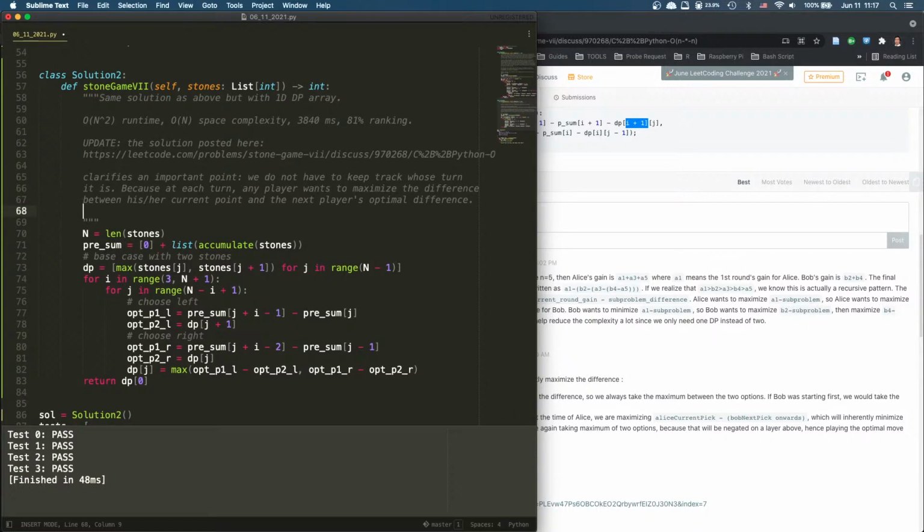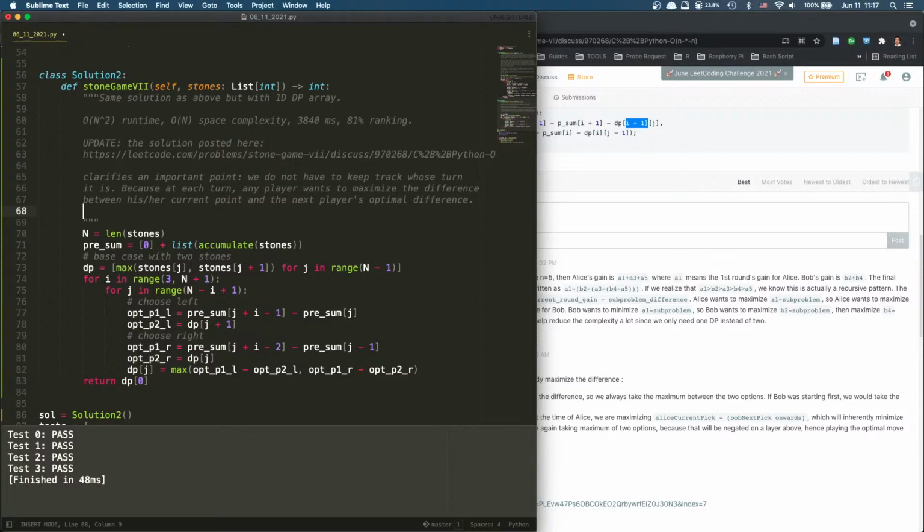The player wants to maximize the difference between the current point I get, and the optimal difference the next round's player will get. So I want the difference between the two, right? So for Alex, I got a point, and the optimal difference the next player can achieve is a certain value. So the optimal is me minus the next difference.